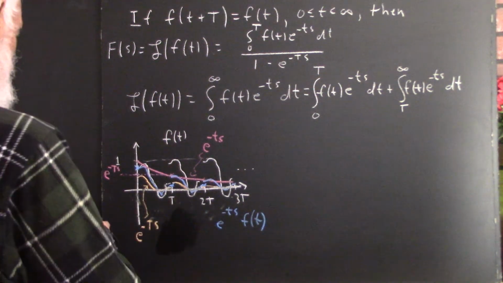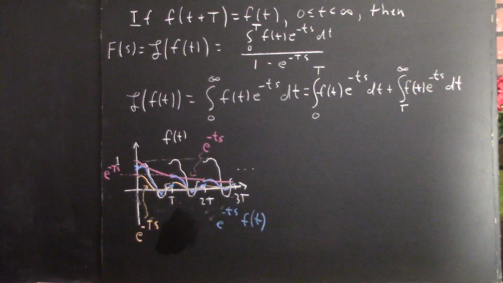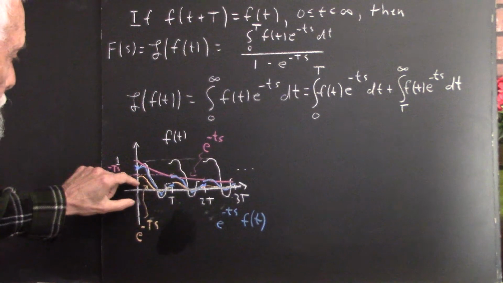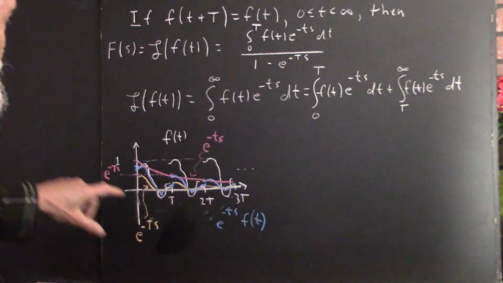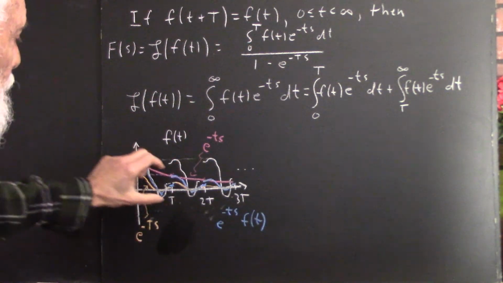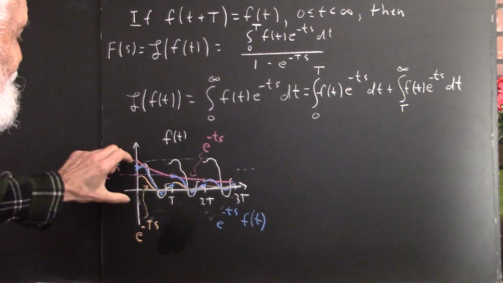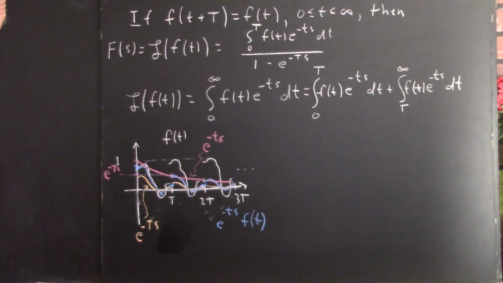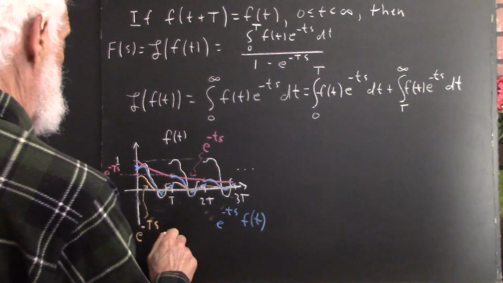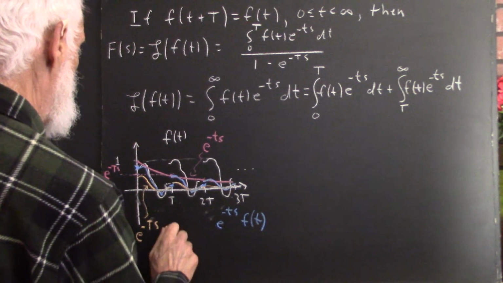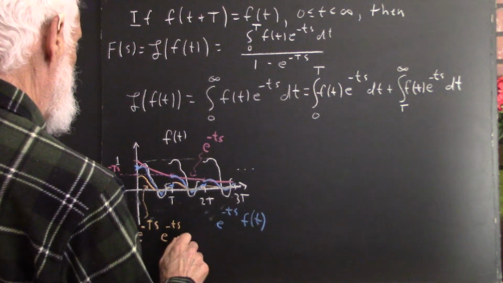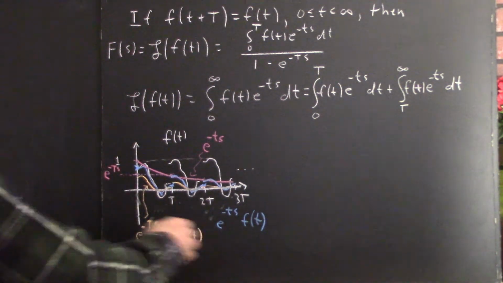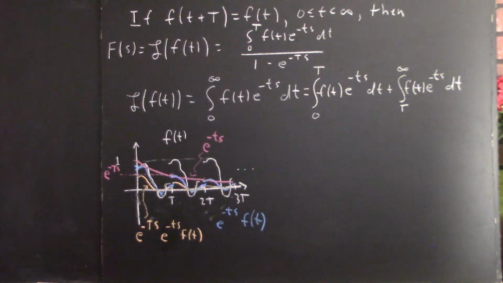The graph I have here is shrunk by a factor e to the negative capital Ts, because everything that happens from here on is e to the negative capital Ts times what happened to the original function. So we have e to the negative capital Ts, e to the negative little ts f of t.